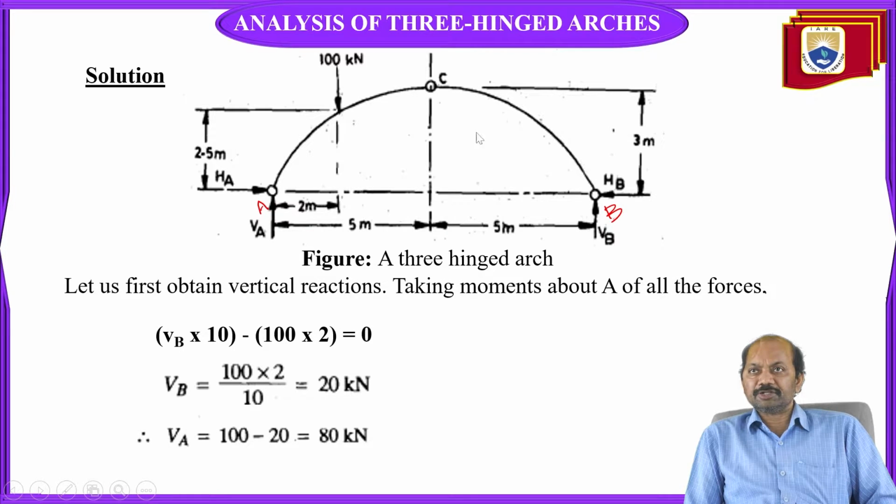Anti-clockwise direction is taken as positive. Then the clockwise moment is taken as negative: 100 kilonewtons at a distance of 2 meters.